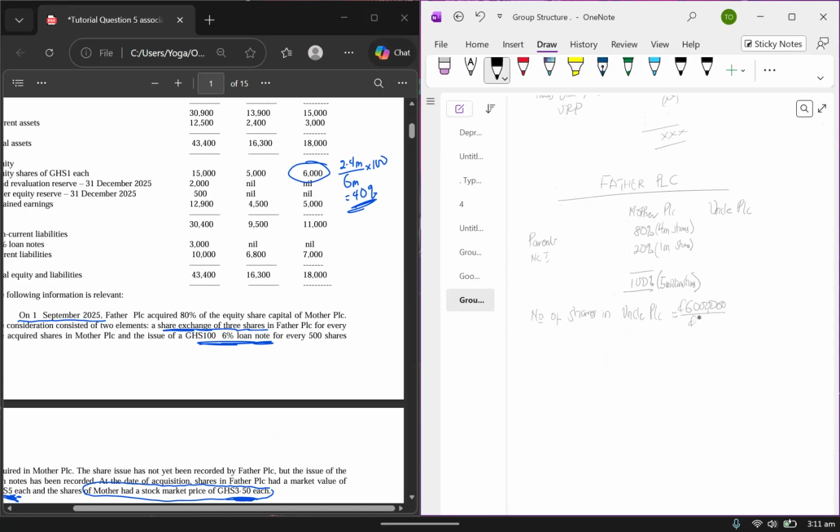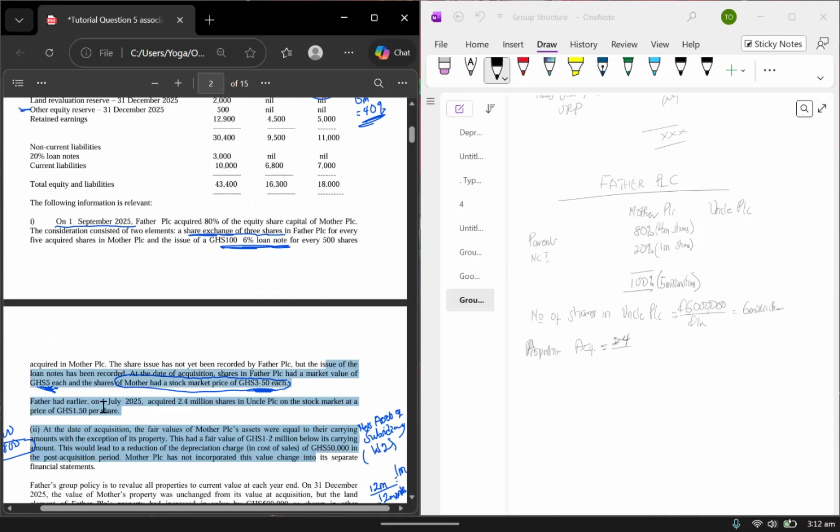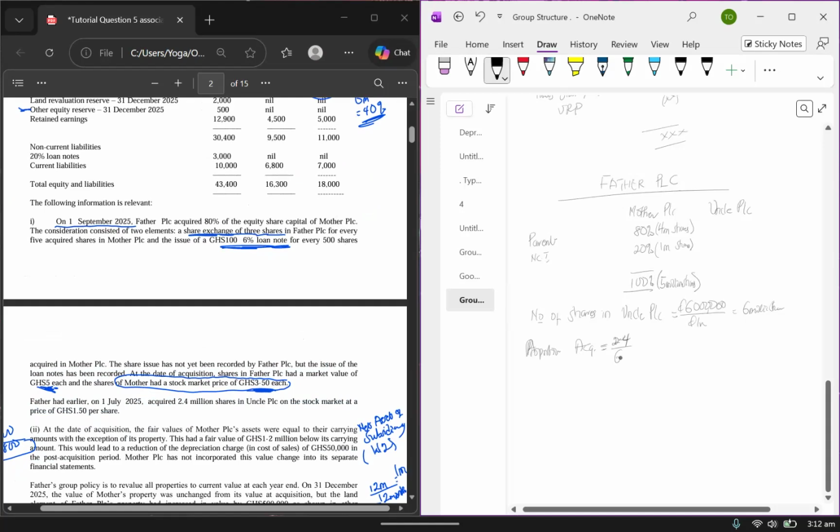Since it is divided by 1 cedi, it gives us 6 million shares. And the proportion acquired, we've acquired 2.4, sorry. It said Father PLC acquired on 1st July 2.4 million shares in Uncle PLC at the stock market price of 1.5. So they acquired 2.4 out of the 6 million.